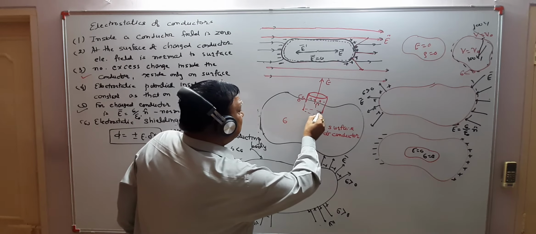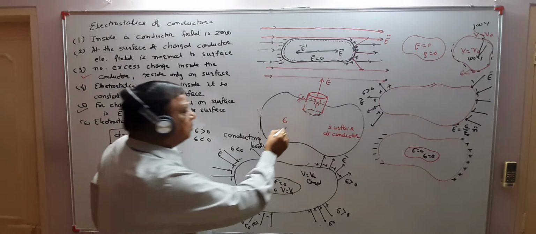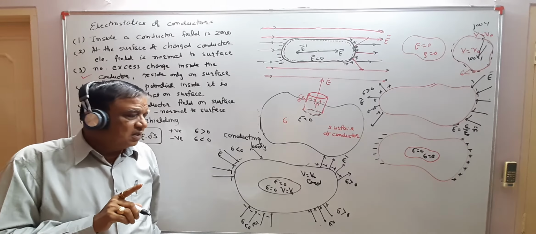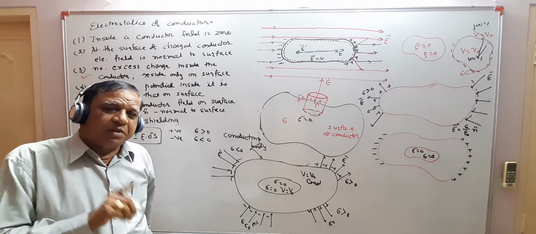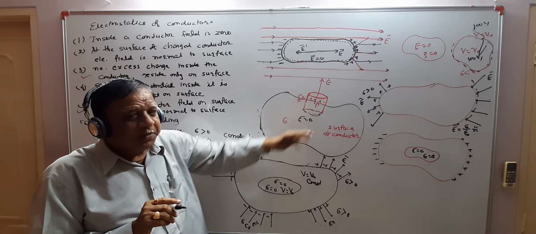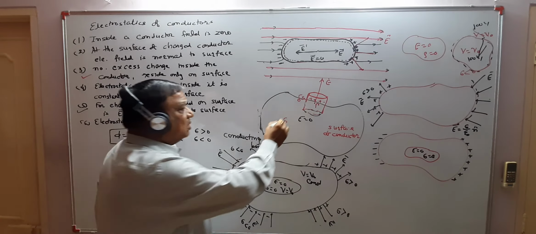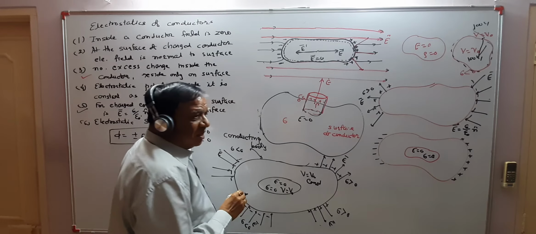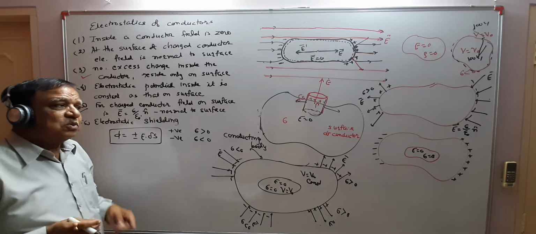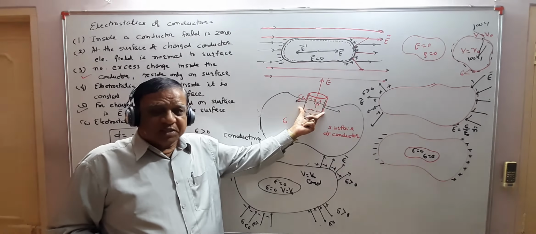The side which is inside the conductor, where the field is already 0, does not contribute any flux. Also, on the curved surfaces the field is parallel to the surface, so theta is 90 and they do not contribute any flux either.